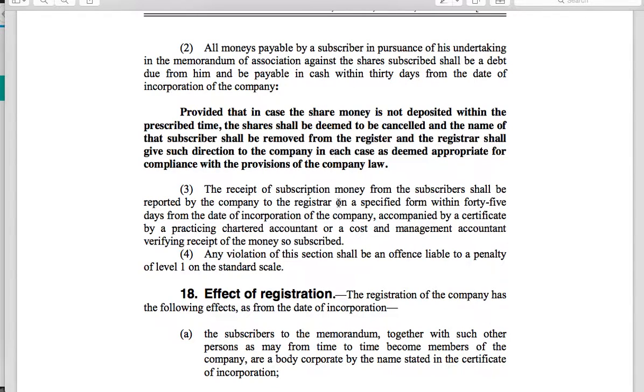A certificate has to be issued by a practicing chartered accountant or a cost management accountant within 45 days of incorporation that this money has been received.